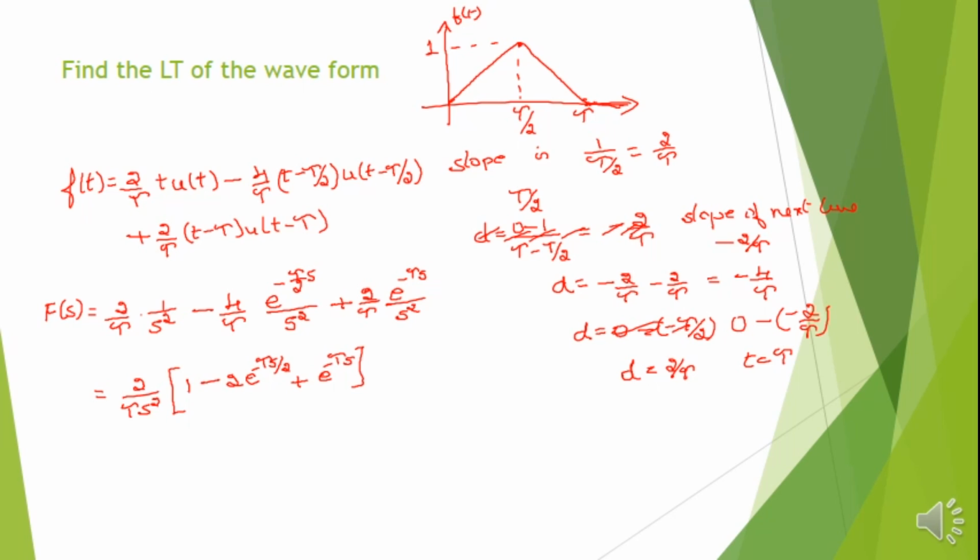So 1 minus 2 e to the power minus tau s by 2, this one. So this I can write as 2 by tau s square into 1 minus e to the power minus tau s by 2, whole square.